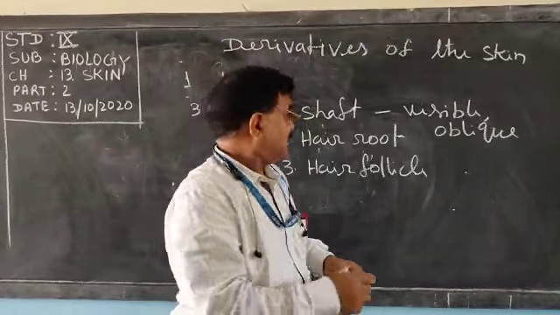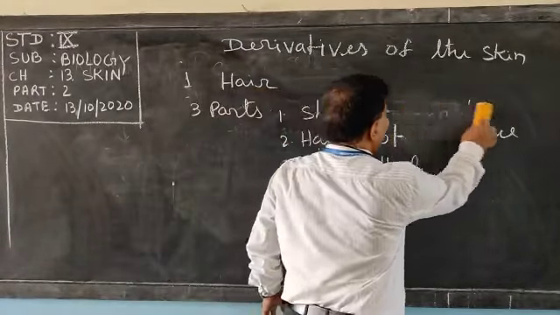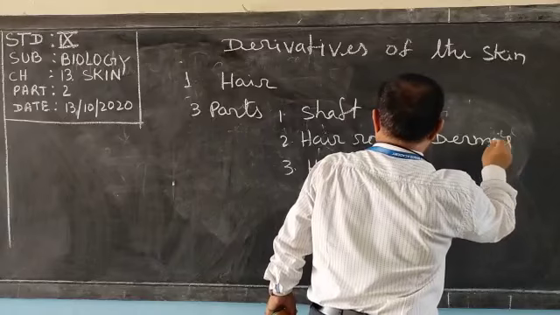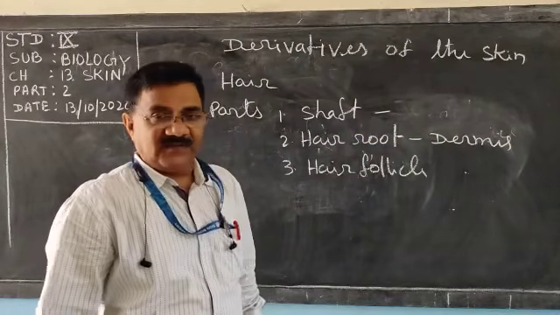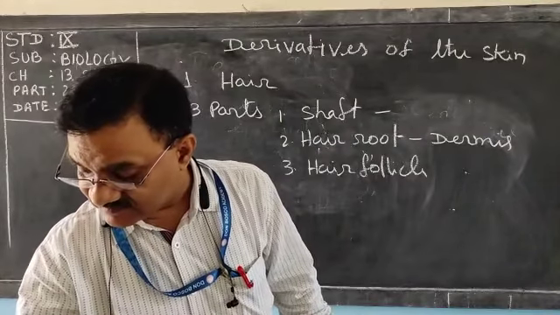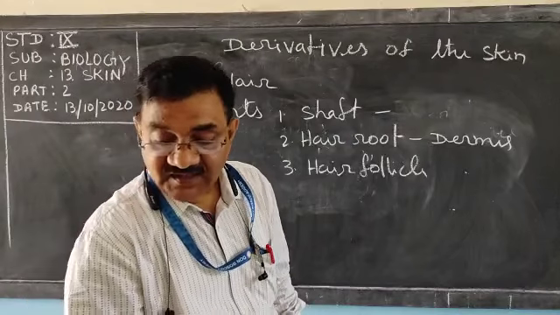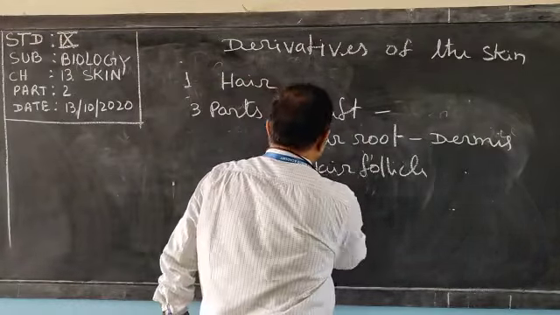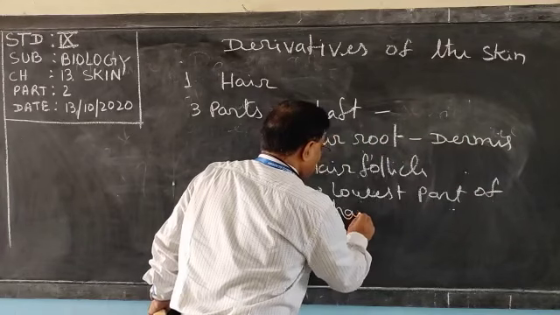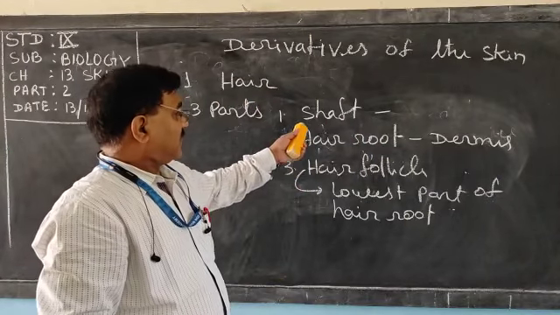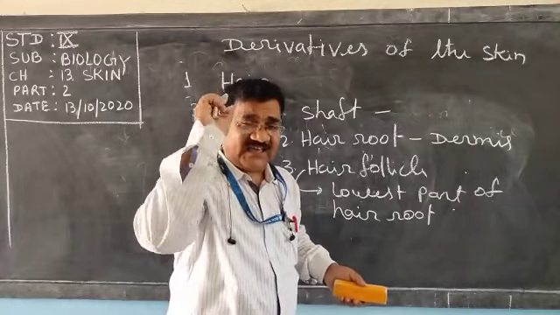Next part is the hair root, and the hair root is present in the dermis. The part of the hair present inside the dermis is the hair root. The lowest part of the hair root is expanded to form the hair bulb. The shaft is the visible part of the hair, the black hair which is visible.